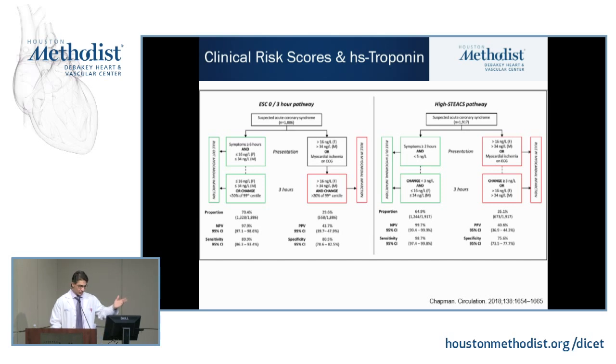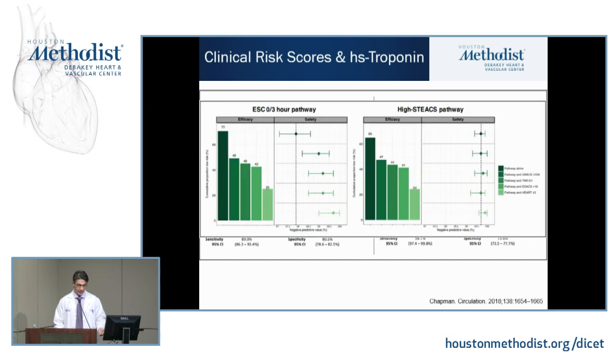And basically what you're doing here is these patients come in, you calculate the score, you combine this in conjunction with a high sensitivity troponin, and you're making a clinical decision. And if you look at the study, in this particular study, it was shown that this high-sensitivity EDACS pathway was more effective than the ESC 3-hour pathway.